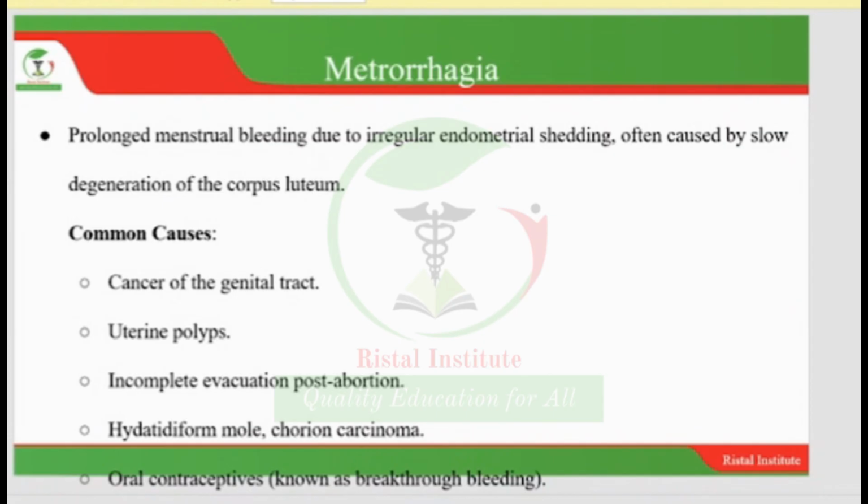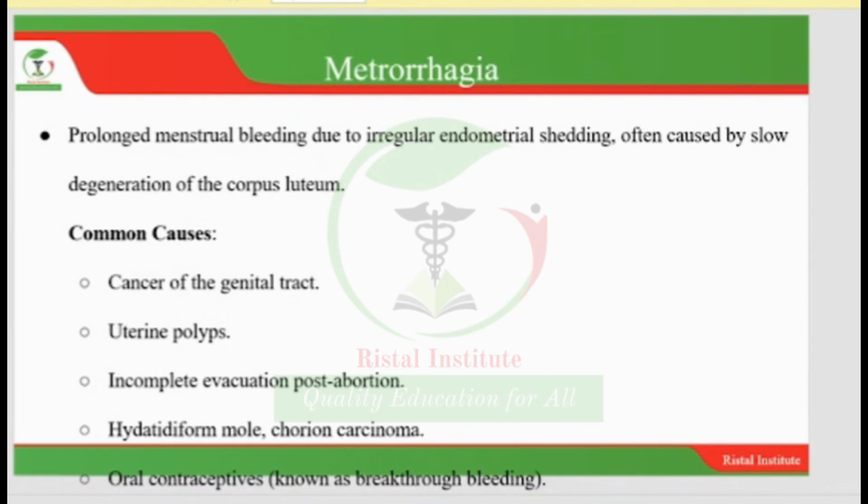It will take more days than expected, and this is caused by the fact that when the ovum is released, the remains of the ovum that turns into corpus luteum takes long to degenerate, because in the normal cycle there are expected number of days that this corpus luteum takes to degenerate. Then after that the cycle repeats itself. So when it takes long, then it means it prolongs the days.